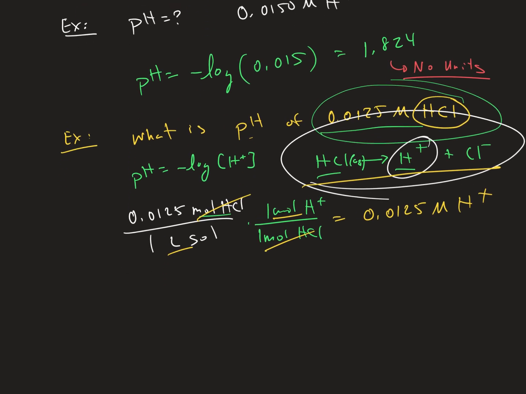So then we just plug it in our calculator. pH is equal to negative log of 0.0125, and we should get 1.90-ish.